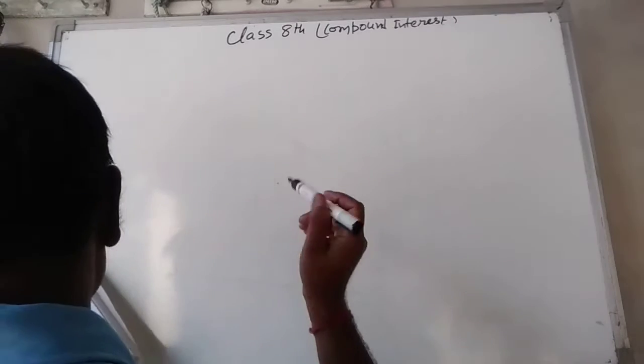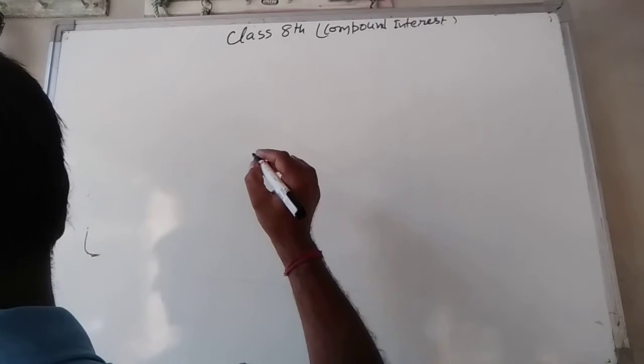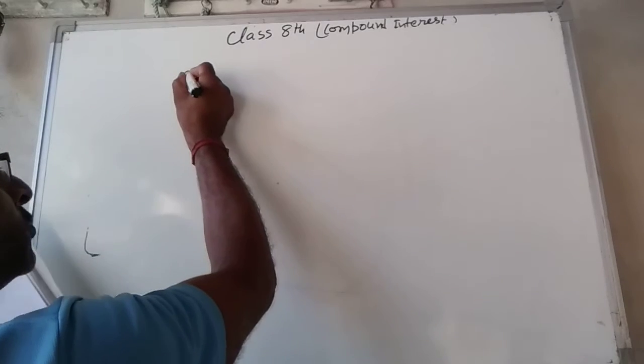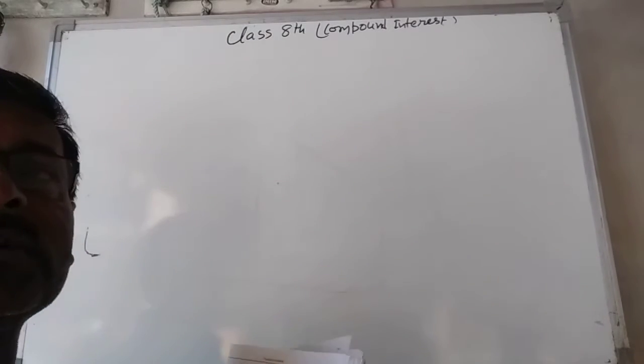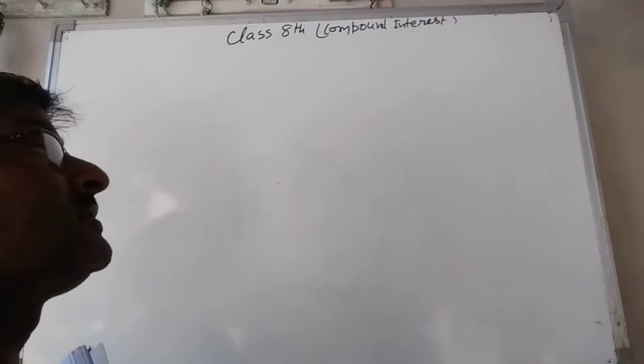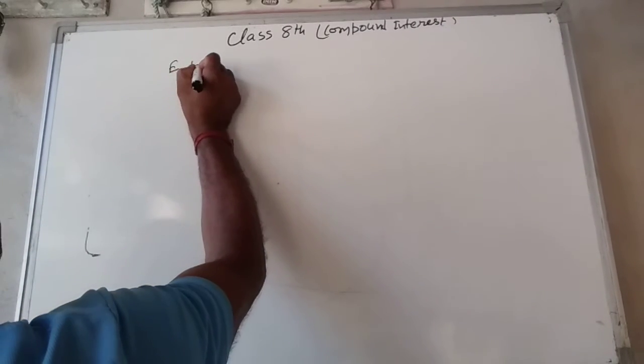The population of a town in 2015 increased at this rate. He is asking the population in 2017. So the population of 2015 becomes the principal. This is example number 10.